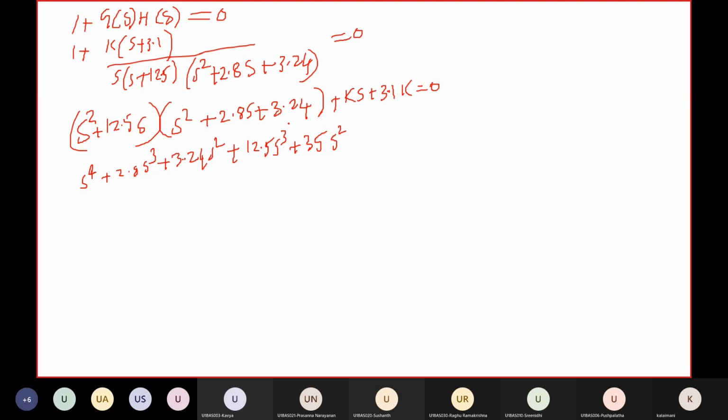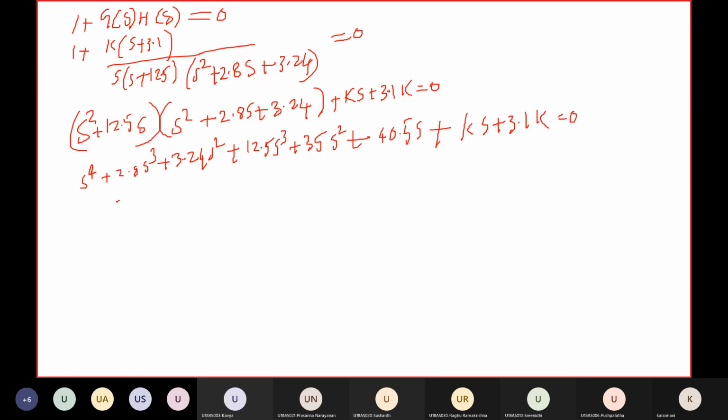Then 12.5 s into 3.24, 12.5 into 3.24, and I get 40.5 s, plus k s plus 3.1 k must be equal to 0.